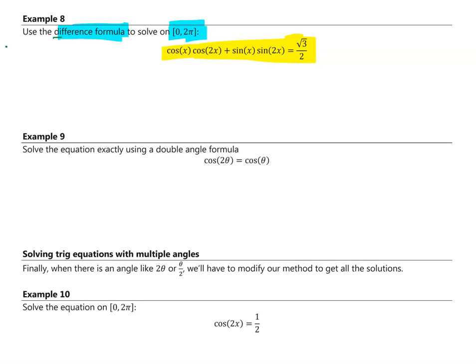So again, using the difference formula, here you can say that alpha is x and beta is 2x.